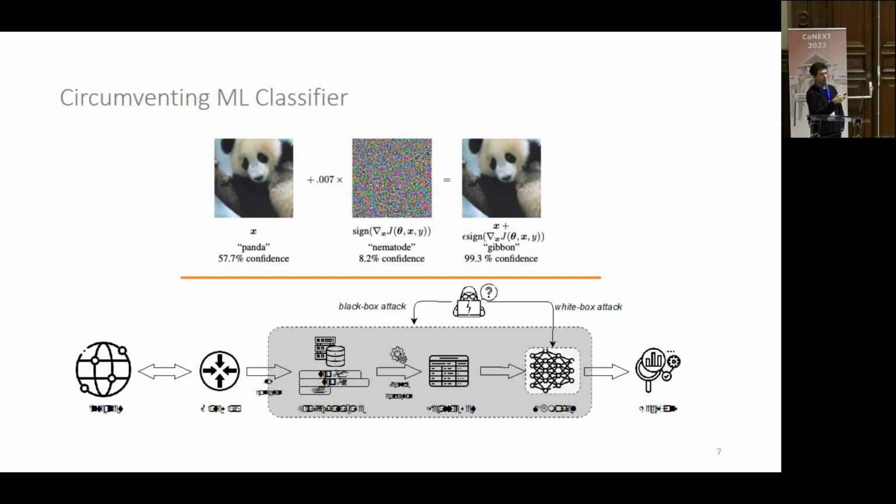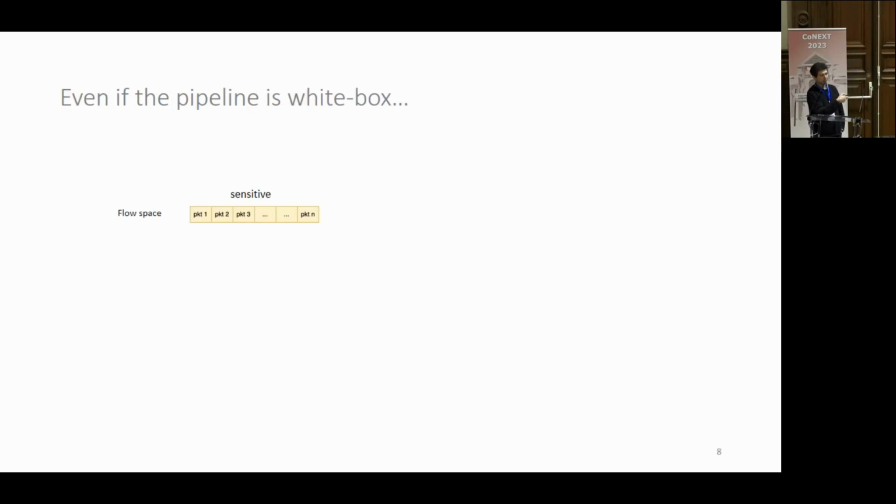But most of the time, the attack model is a black box model. You don't know anything about the model architecture, you have no idea what weights have been trained, and you have no idea what features are actually being used to decide whether a flow is seen as problematic.